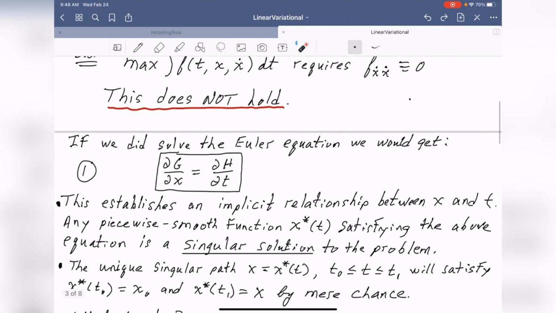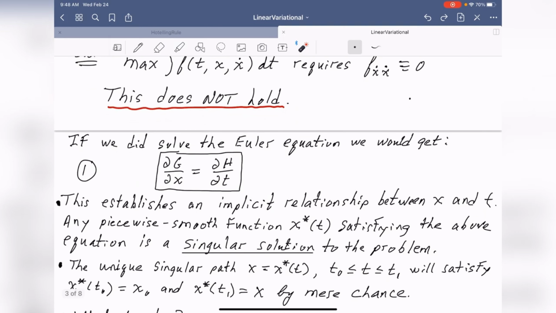And if we did solve the Euler equation, however, we would get this relationship here, that the partial of g with respect to x is equal to the partial of h with respect to t, and that would then determine our nice smooth x star(t) path.